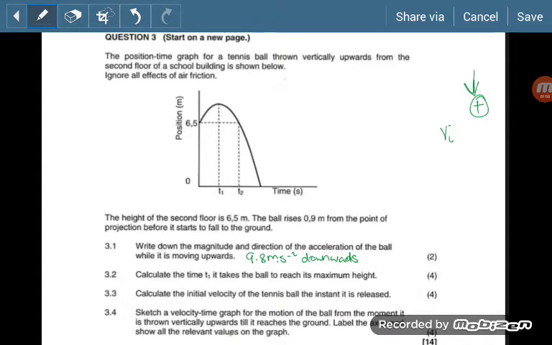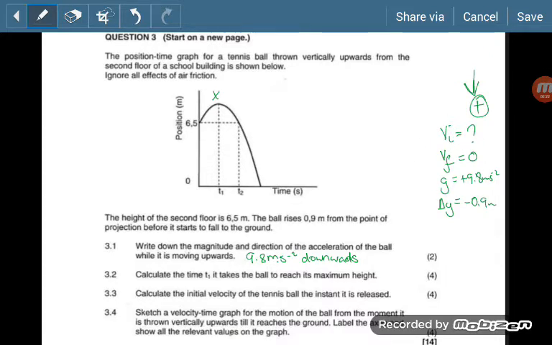Initial velocity I do not have. Final velocity, if I'm going to calculate up to this point, let's call this point X, is going to be 0 at the maximum height. Gravity, I'm going to use a positive 9.8 meters per second squared, and the displacement, I'm going to use a negative 0.9 meters as it is being displaced upwards.